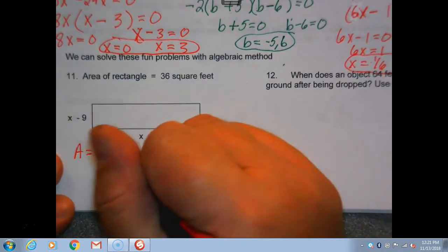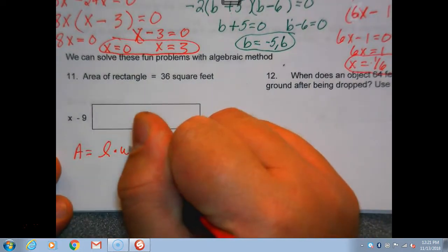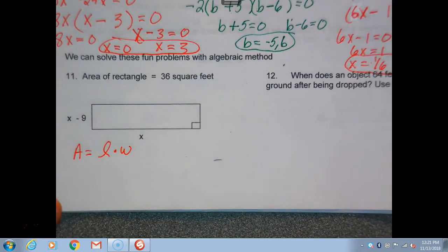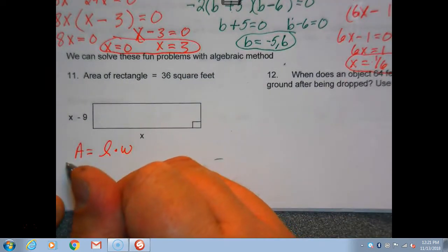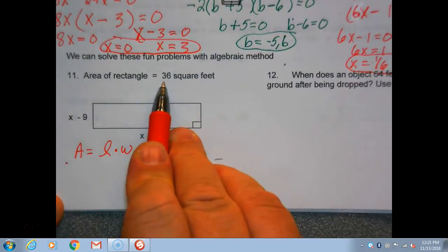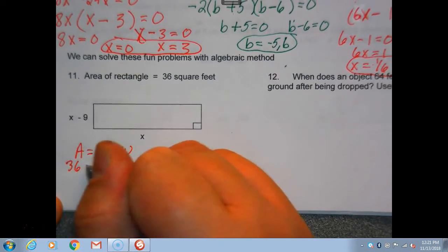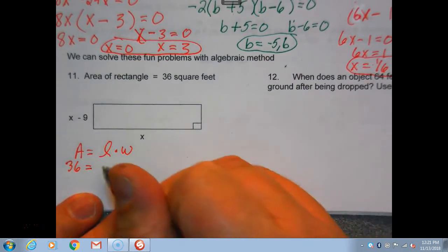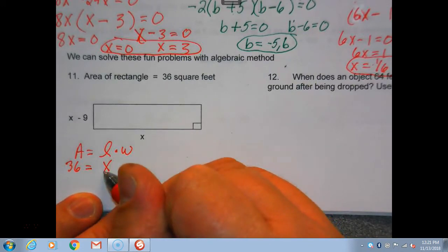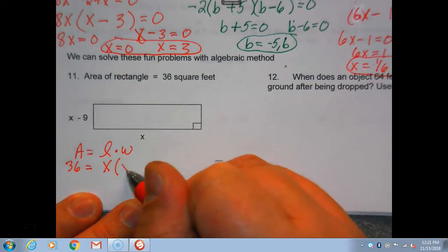See? Greg, what's my area? There you go, 36. What's my length? What's my width?